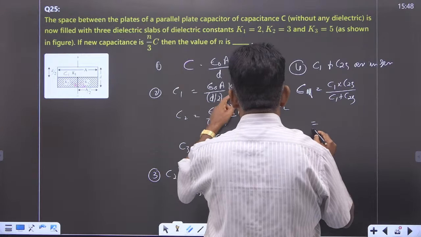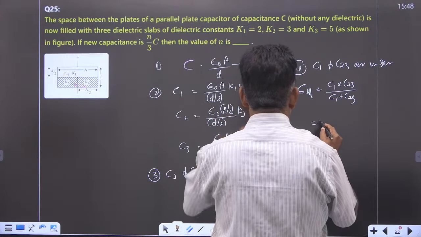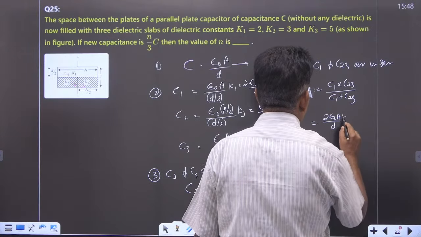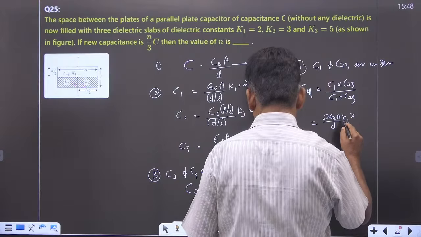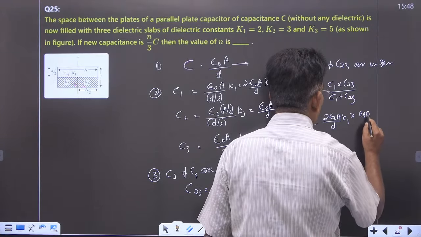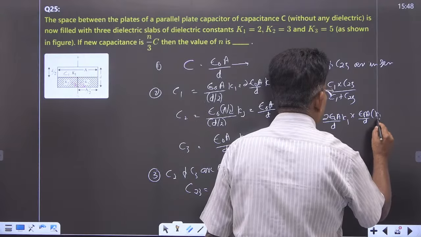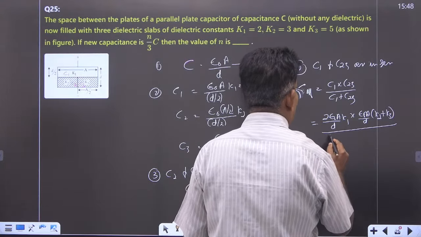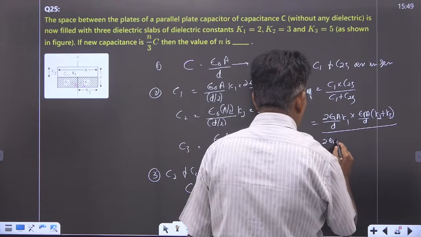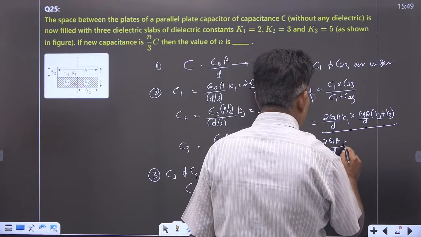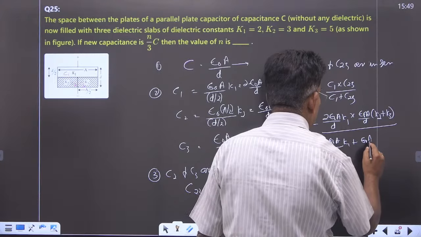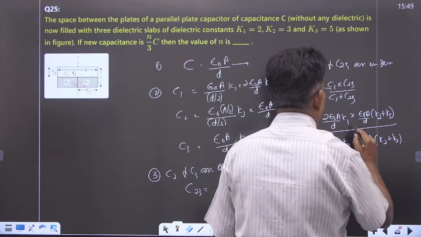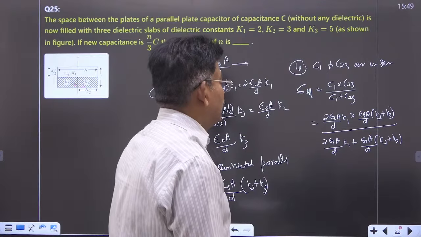C1 is 2 epsilon 0 A by D into K1, and C23 is epsilon 0 A by D into K2 plus K3, divided by 2 epsilon 0 A by D K1 plus epsilon 0 A by D into K2 plus K3.